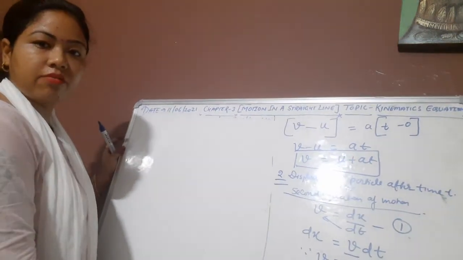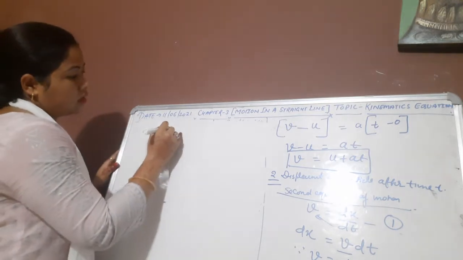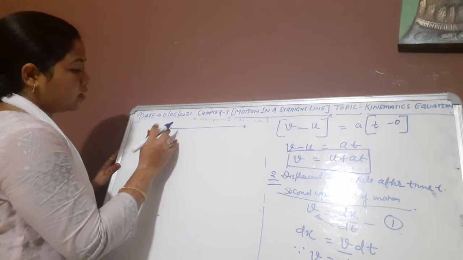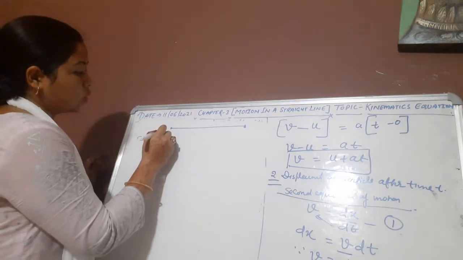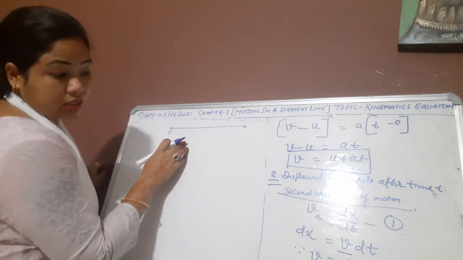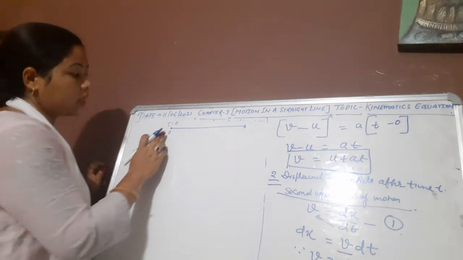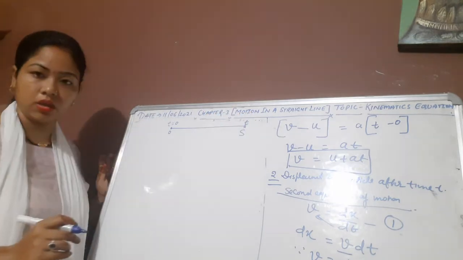For that we'll first assume the condition: when displacement is 0, at time t equals 0, displacement is 0. When displacement changes from 0 to s, the time will be t, right?